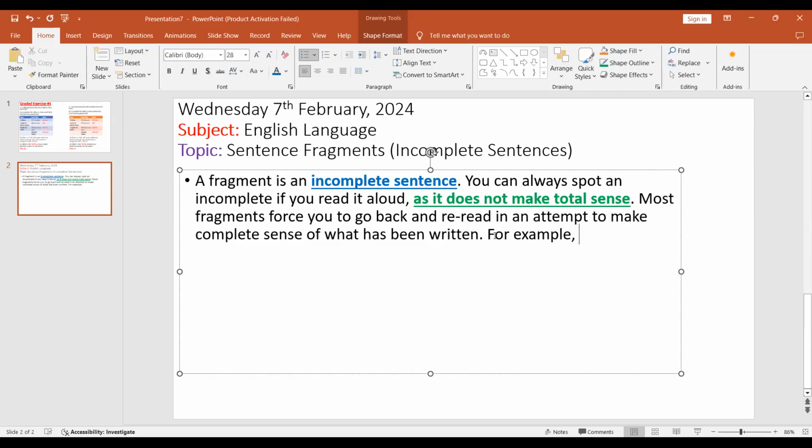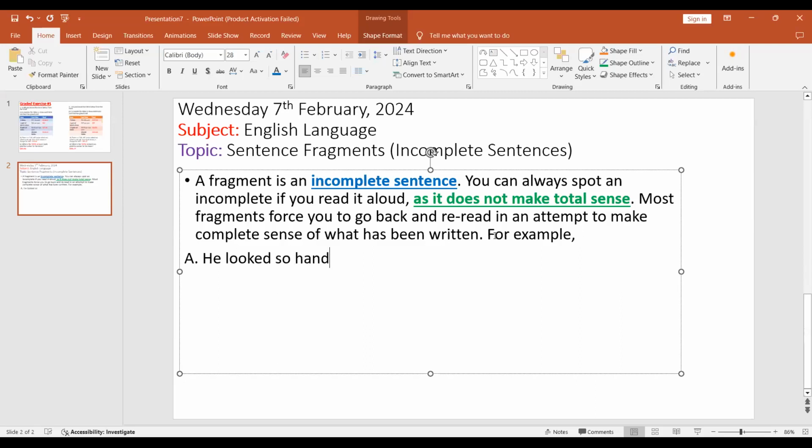Dependent clauses on their own don't make sense. But you could add a dependent clause to an independent clause and then it can make sense. So let me give you an example.